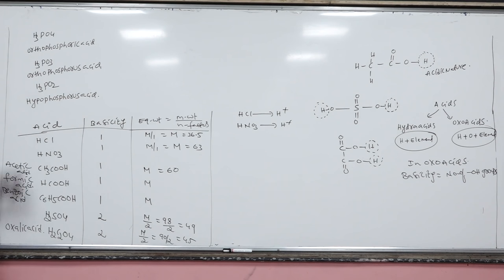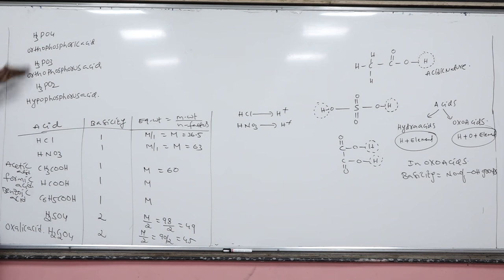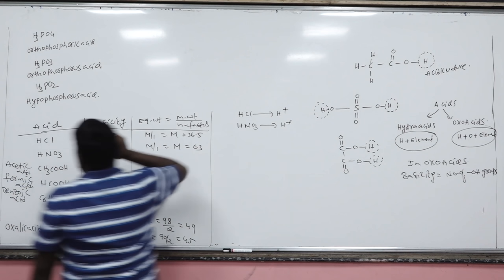Now, what is the basicity here? We can expect 3, here also 3, here also 3, because 3 hydrogens are present in each molecule.